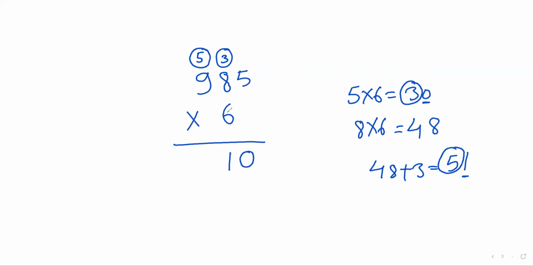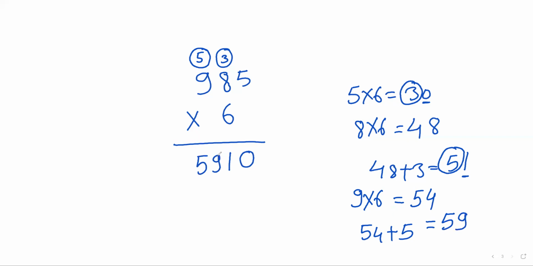Now take the multiplication of 9 and 6. 9 6s are 54. Now add the carry 5 to 54. 54 plus 5, 59. Then write 59 here.